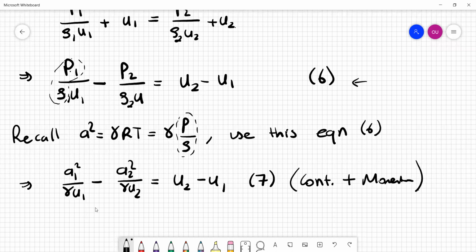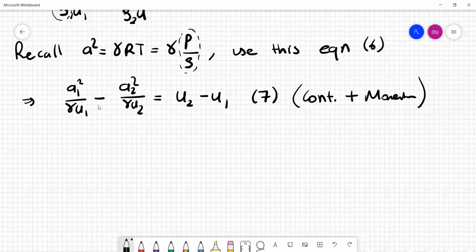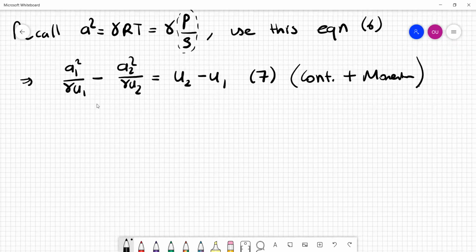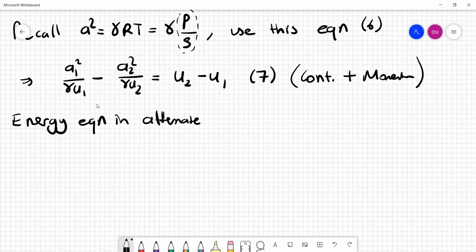Now we make use of the energy equation in alternate form, as we have discussed mostly today.